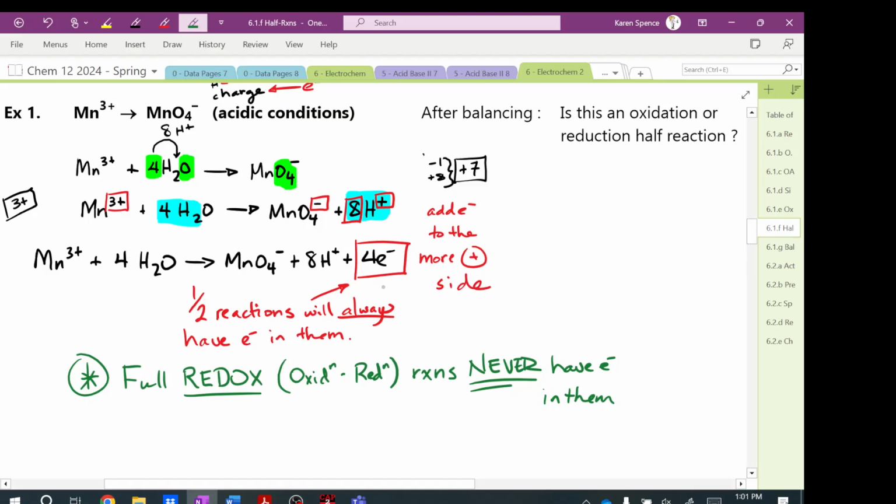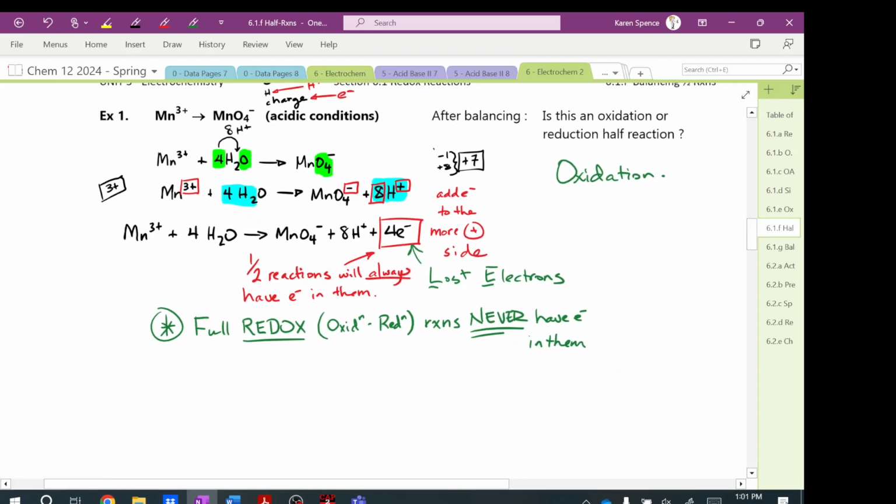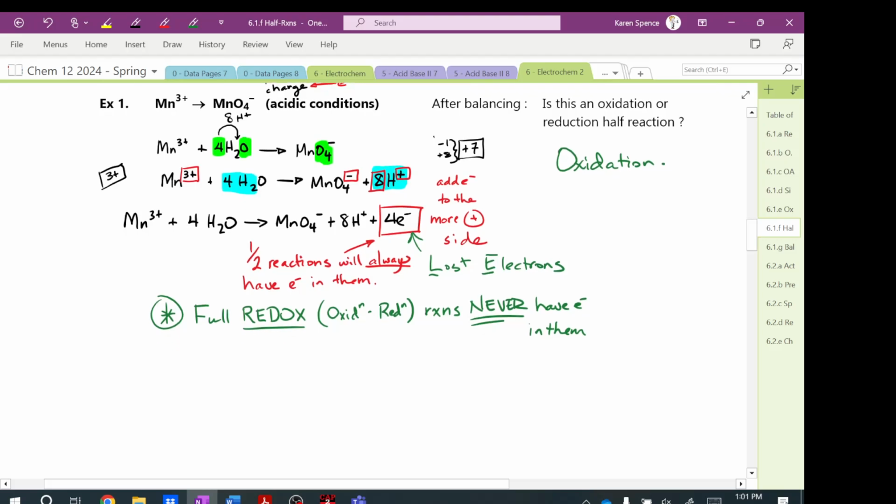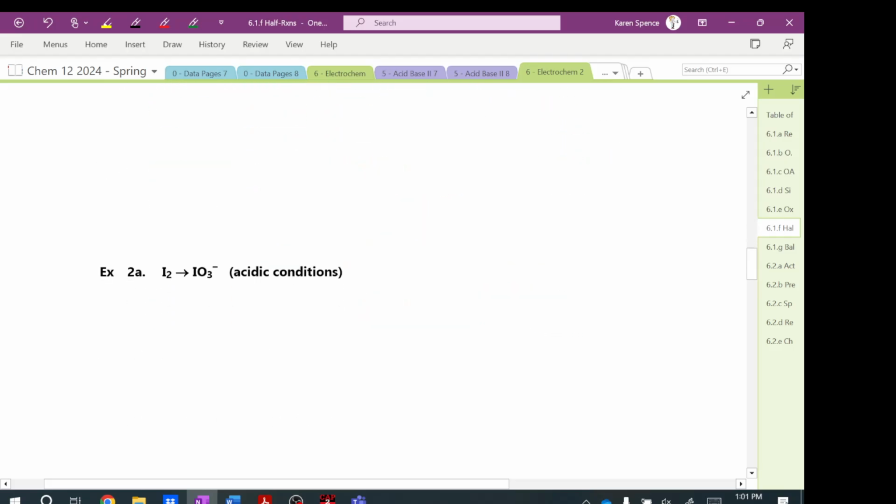This is an oxidation because we have lost electrons. Okay. Let's try the next one.